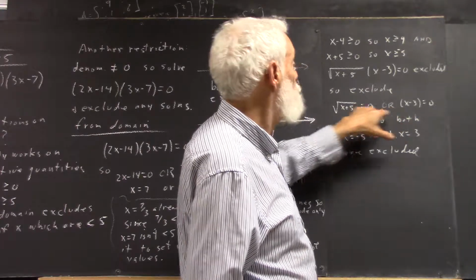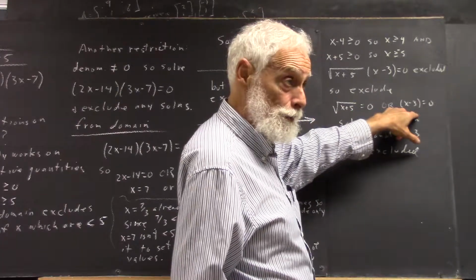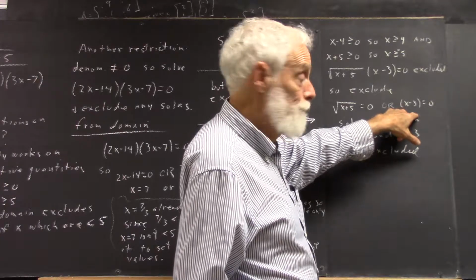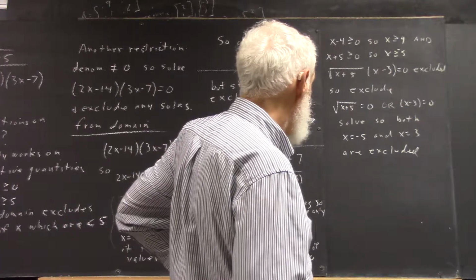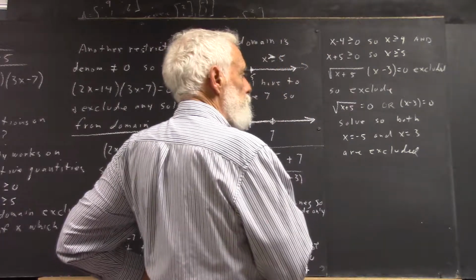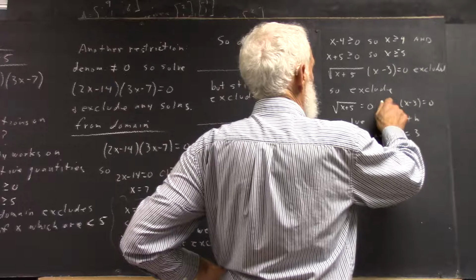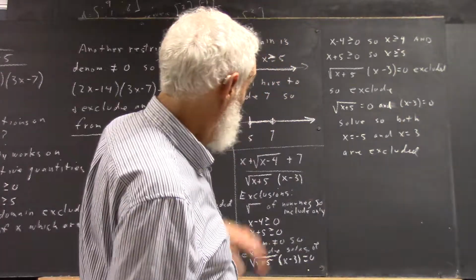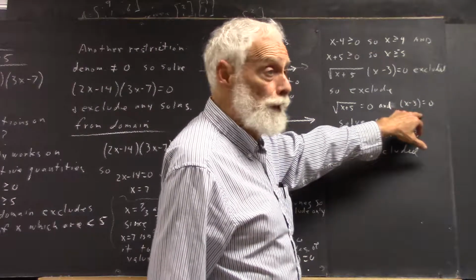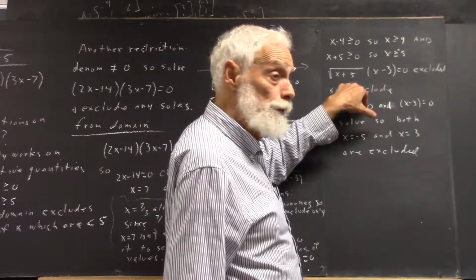So we got to exclude both this solution and this solution. I'm going to change that or to an and because that gets logically a little difficult to process. So we got to exclude this and we got to exclude this because they're both solutions to the equation, right?